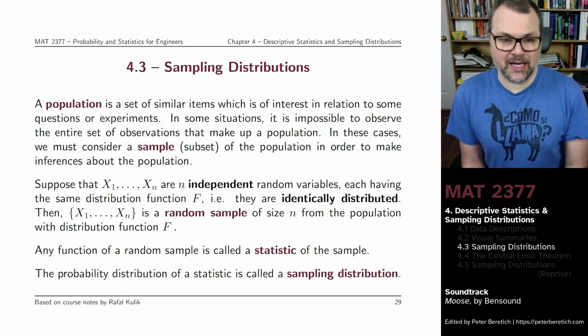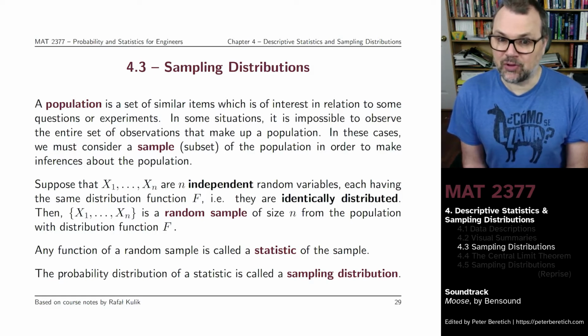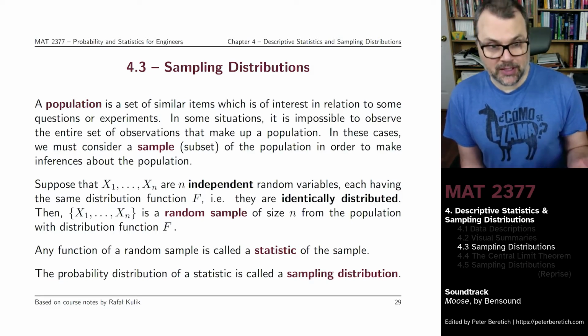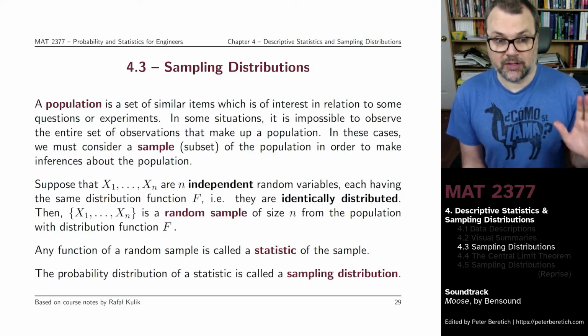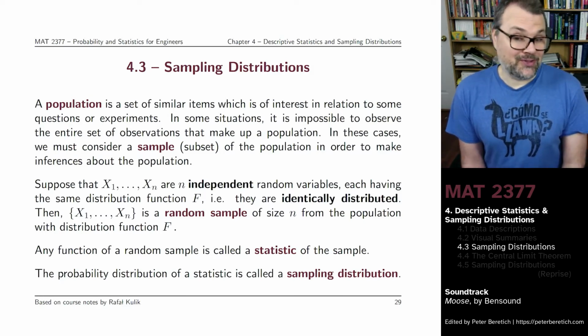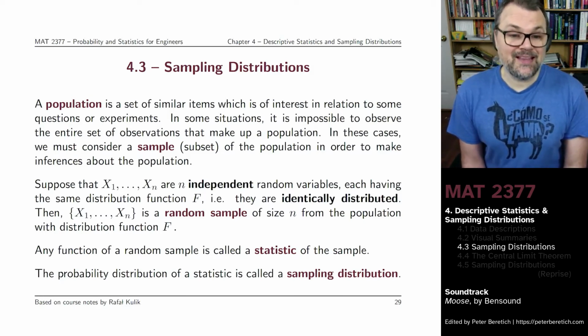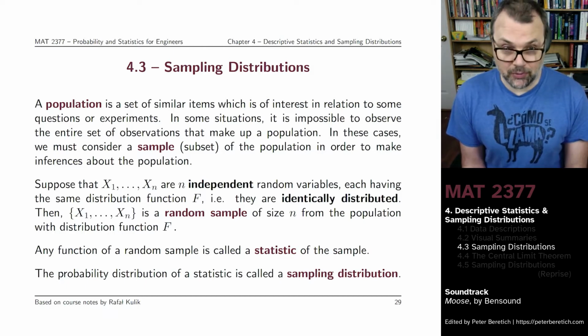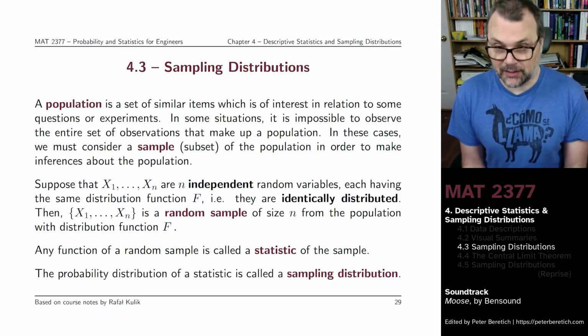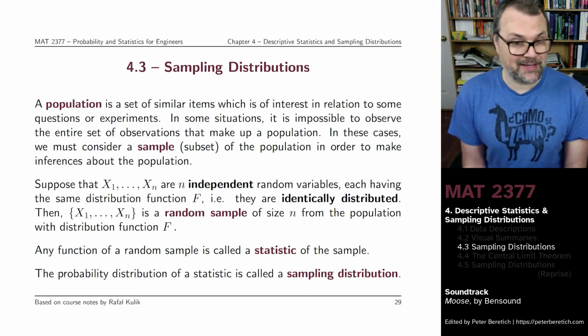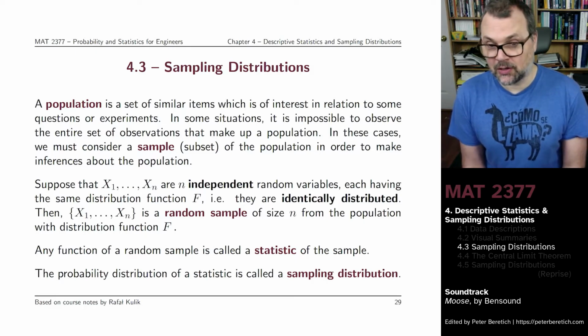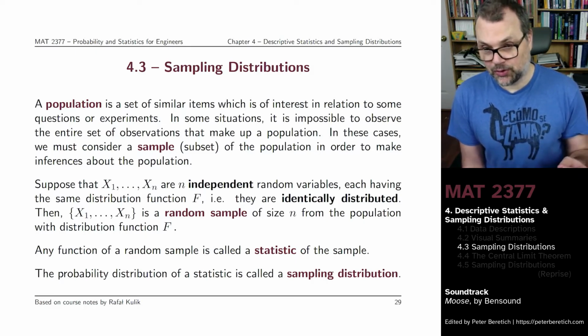The set X1 to Xn is a random sample of size n from the population that has a distribution function F. And now we come to the statistics part of things. Any function of a random sample is a statistic of the sample. And the probability distribution of that statistic is called its sampling distribution.